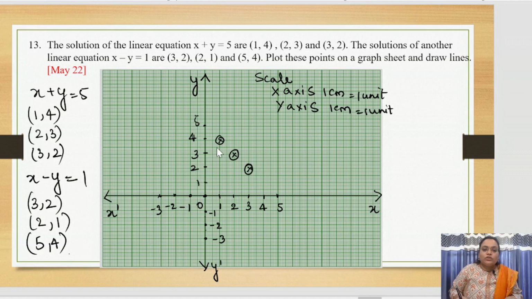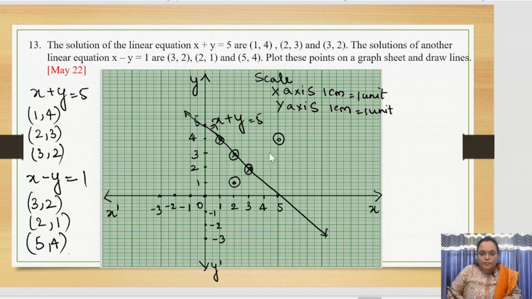Okay. So you will get a line like this. Line is x plus y is equals to 5. Okay. So let us plot it for the next equation. 3 and 2. 3 on the x-axis, 2 on the y-axis, which is here. 2 and 1. 2 on the x-axis, 1 on the y-axis, which is here. 5 and 4. 5 on the x-axis and 4 on the y-axis, which is here.